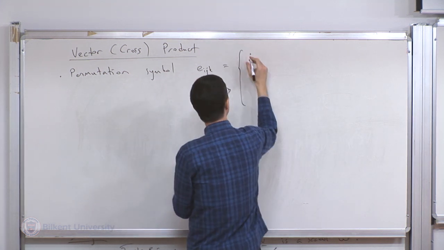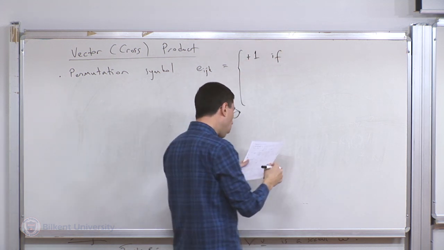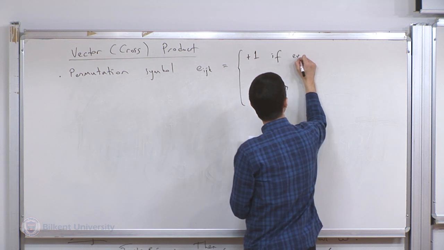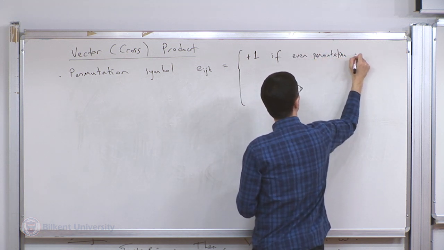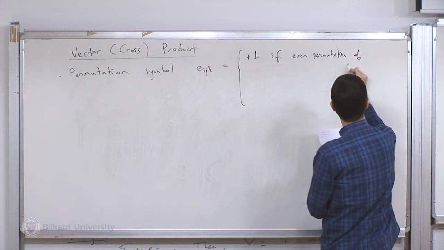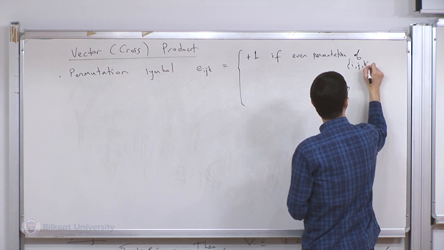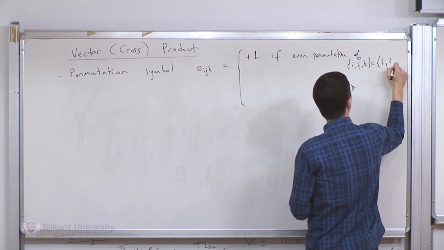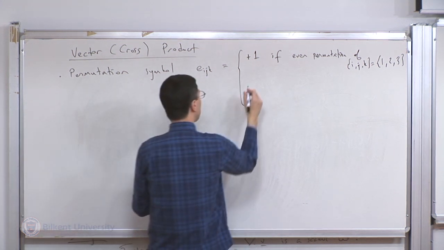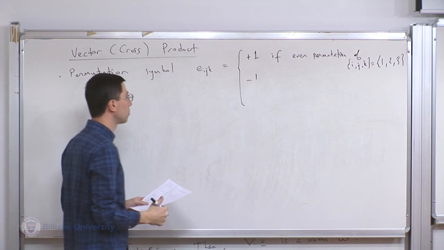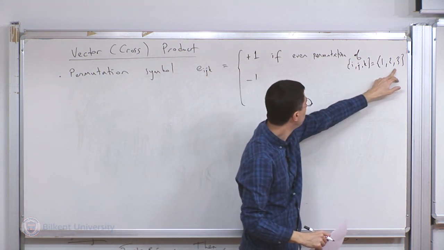The value is +1 if it is an even permutation of ijk equals 1, 2, 3. I'll explicitly write this out after I summarize it first. So it's +1 if it's an even permutation of ijk equals 1, 2, 3.